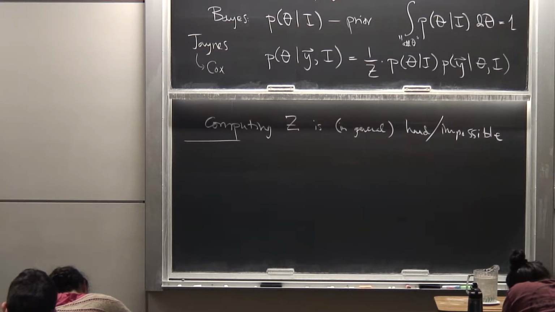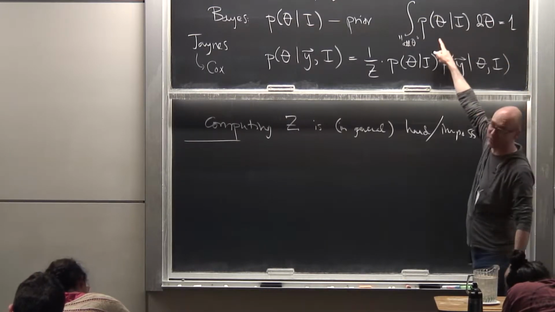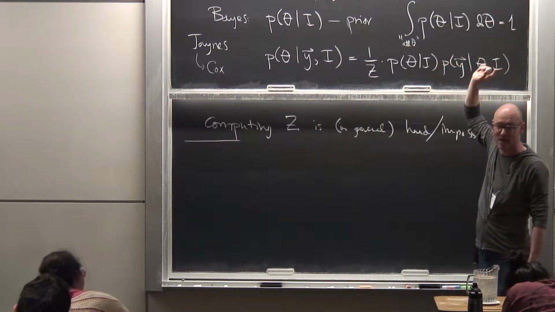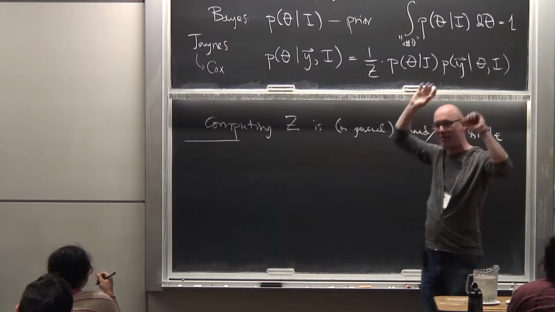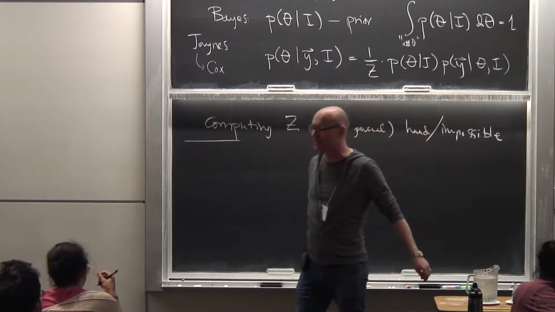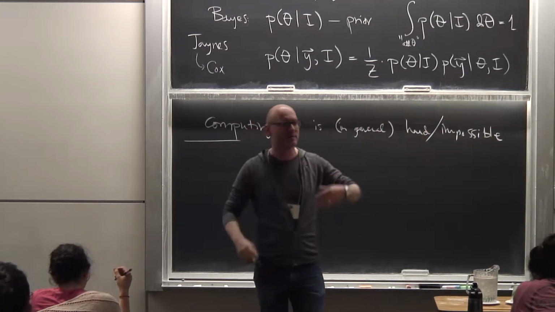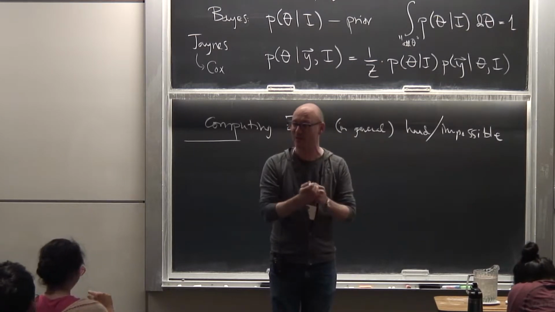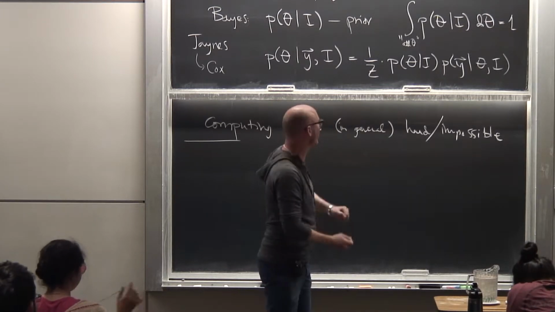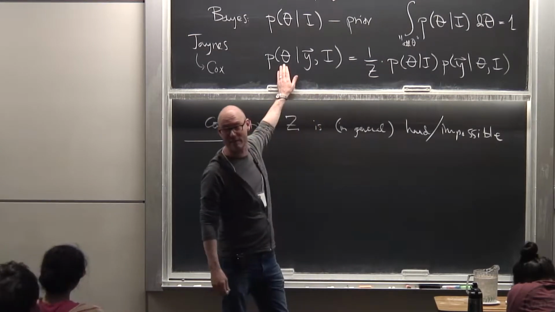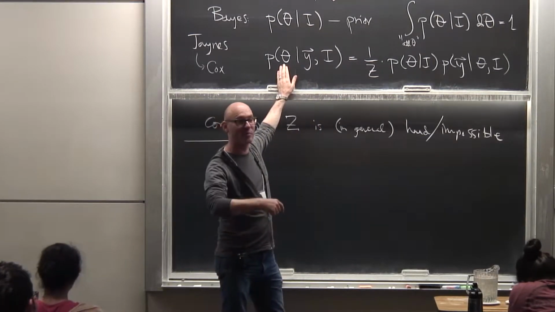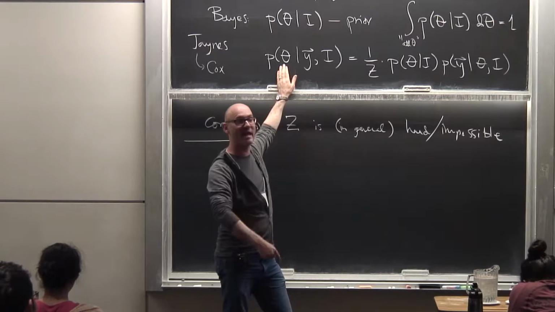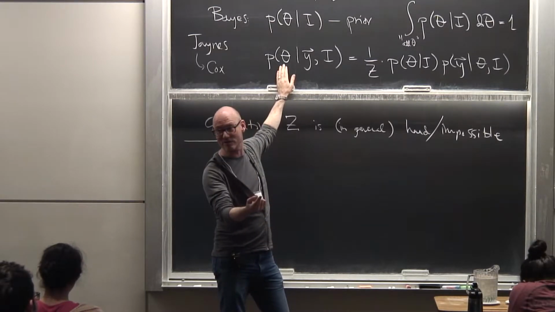So as I said, Bayesian inference allows you to do integrals over the parameter space. And in fact, it turns out that everything we're interested in Bayes is an integral over the parameter space. For instance, if you take some data and you want to predict what the next data point will look like, you get the posterior on your parameters, and then you make your prediction for the next data point integrating over the parameters.